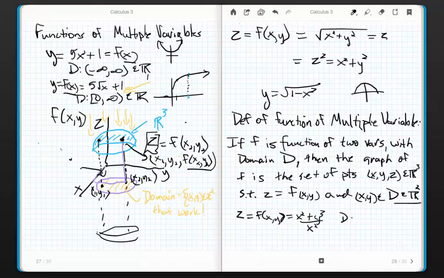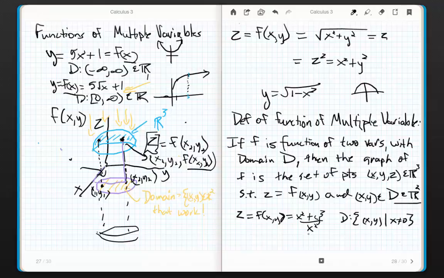Remember, it's the set of all points x, y. So the domain is the set of all points x comma y such that what? Well, I have no problem in the numerator. This thing can get as crazy in either direction as it wants to, and then I've got trouble with the denominator. So I would say such that x cannot be 0, and I'm done.